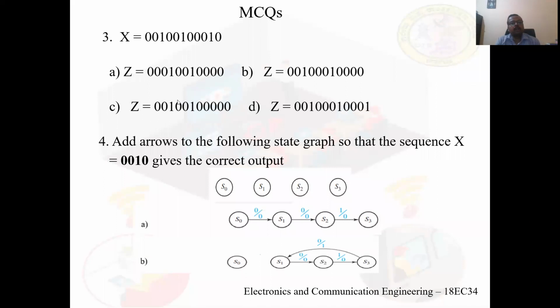Similarly, for the third one, X is equal to 0, 0, 1, 0, 0, 1, 0, 0, 0, 1, 0. Right? Which is the correct option for this one?